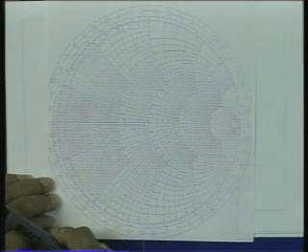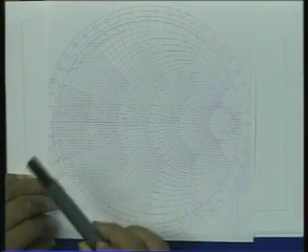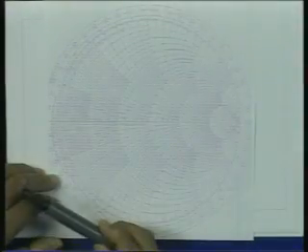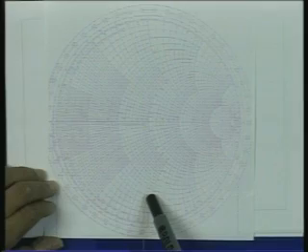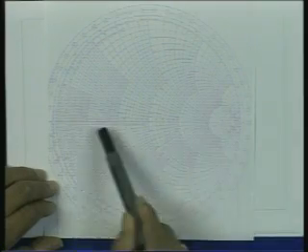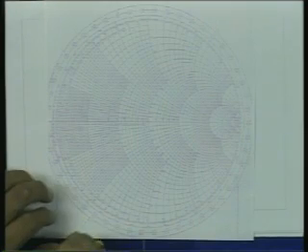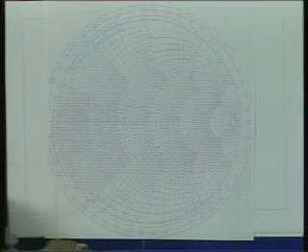Now, if I move on the transformer, which is another section of transmission line, to see a resistance I have to move on a constant VSWR circle passing through a resistance, so that I reach the horizontal line again, because I want to see the transformed impedance again as a real impedance, so that it becomes equal to the characteristic impedance Z0.